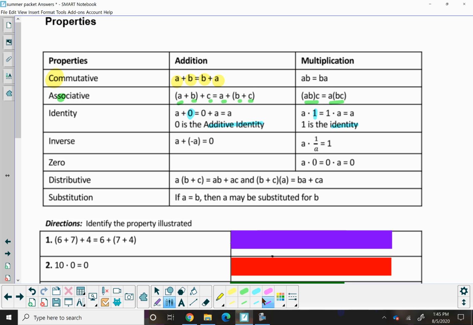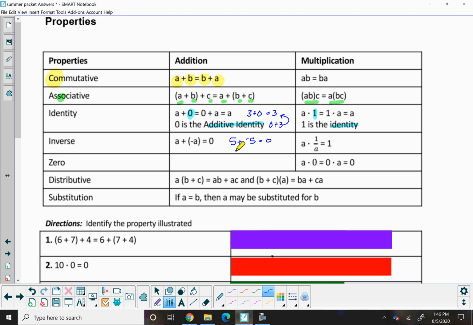Okay, inverse. What the inverse is, basically, is the opposite. Remember how we talked about the opposite? So the opposite of A is negative A, right? So if I have 5, I can add negative 5 and get 0.